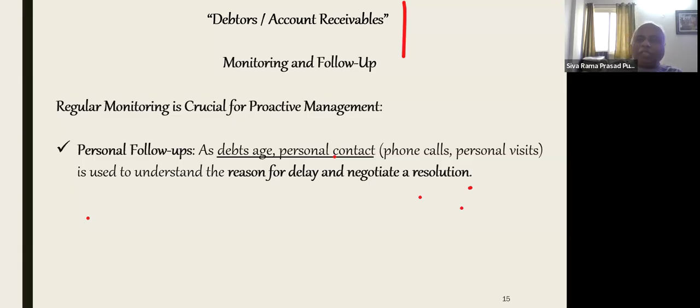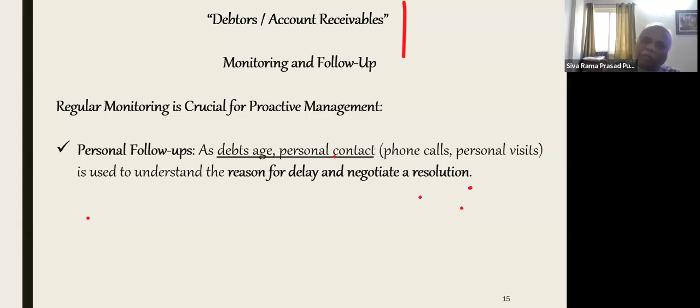Above 90 days, how many? And where have you kept that bill of exchange, and what are the agreements you have taken while extending the credit? All these things are to be extracted by the interim resolution professional or the resolution professional by interacting with the CFO if the company is a going concern.